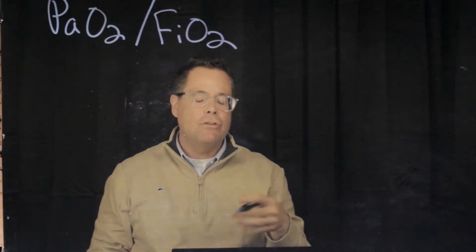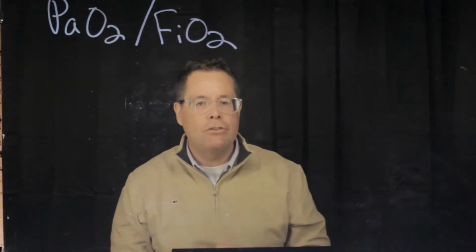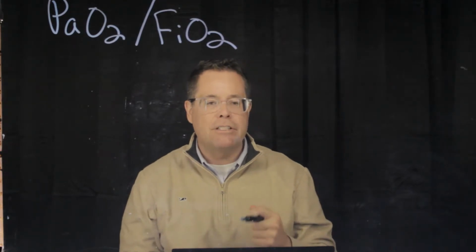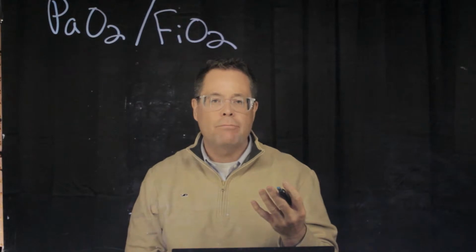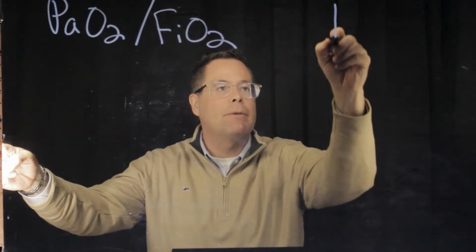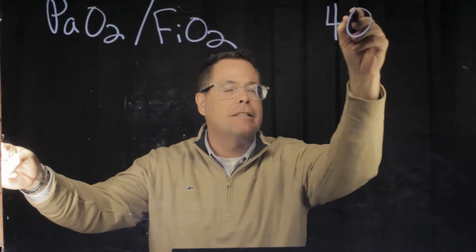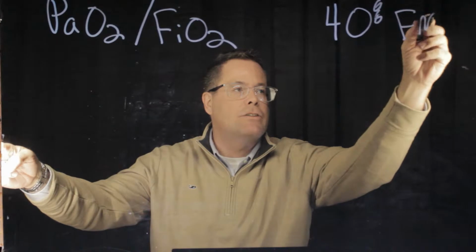In that FiO2, how do we convert a percentage to FiO2? FiO2 is fraction of inspired oxygen. So what we want to do is convert all oxygen percentages into a fraction. A simple way is, if somebody's on a 40% face mask, we want to convert that to a fraction.